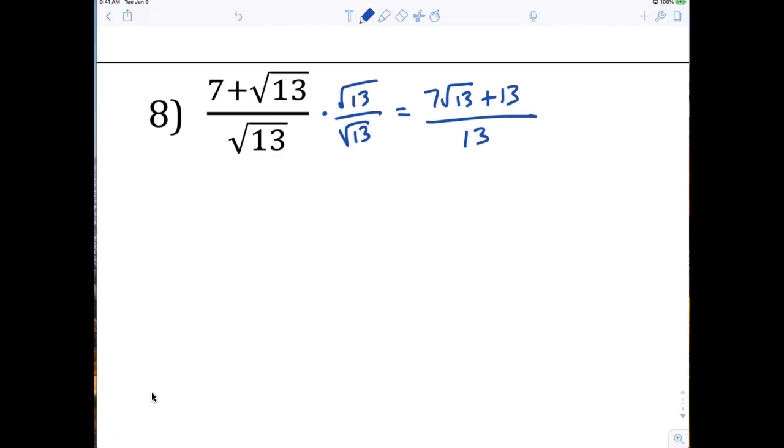Where do you get the plus 13? See why it's a little troubling, right? What's the square root of 13 times the square root of 13? And what's the square root of 169? There you go. Or you can just say anytime you multiply the same square root, it's that number.